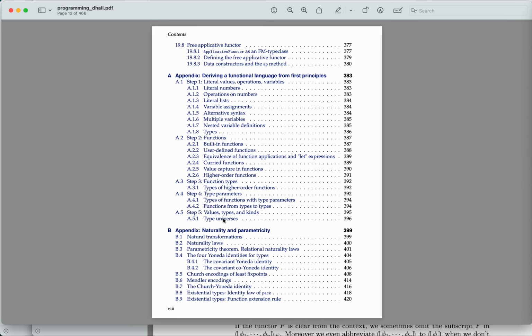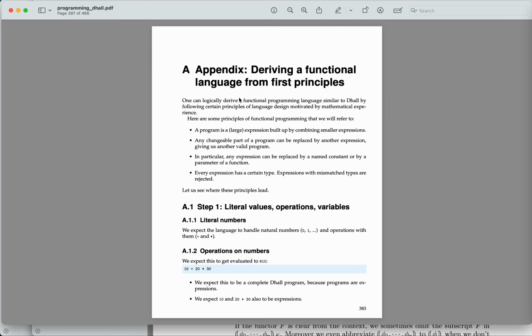So the first appendix is actually telling you how to derive a functional language from first principles. So what does it mean? Now, there are some principles of functional programming that I show here, and these are that every program is just a large expression, and the large expression must be built up by combining smaller expressions, and any part of anything must be changeable, or if it is changeable, then it must be an expression, and it can be replaced by another expression.